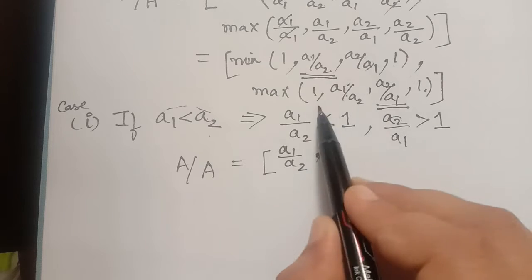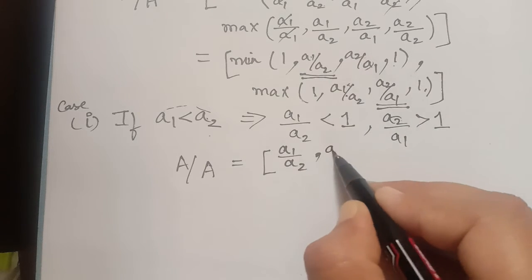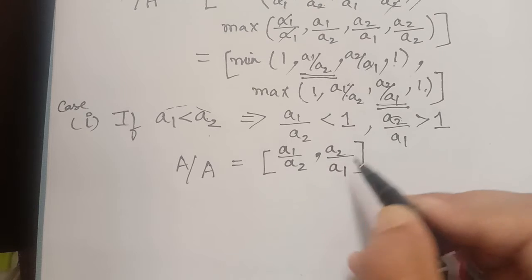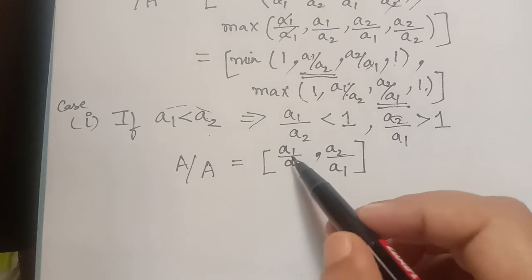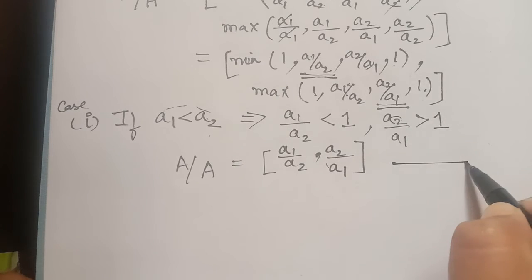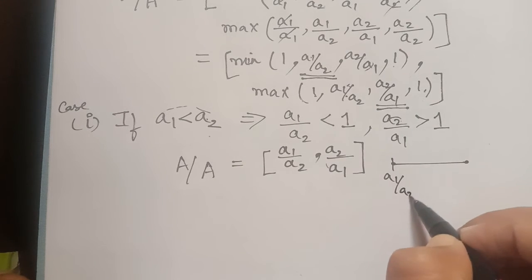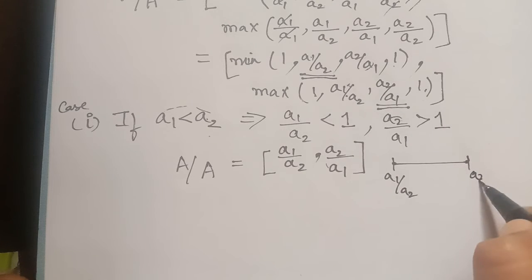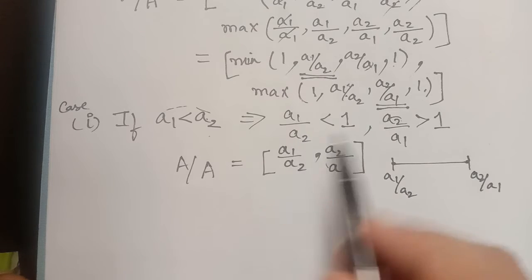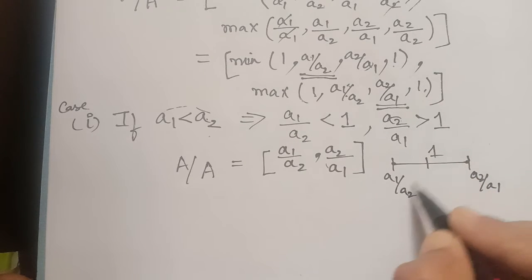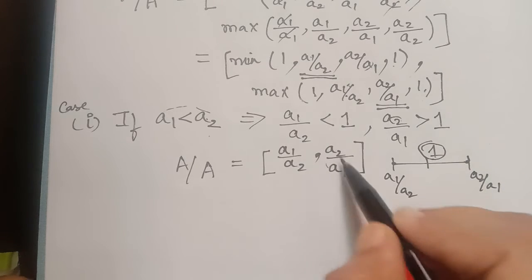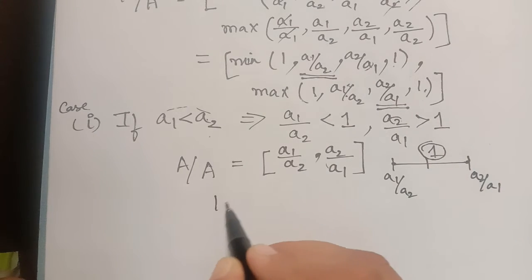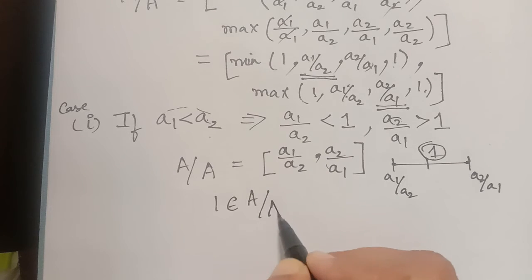So we get [a1 by a2, a2 by a1]. Now we can see that this is the reciprocal of this. We observe that a1 by a2 is lesser than 1 and a2 by a1 is greater than 1, and definitely 1 belongs to this interval. Therefore 1 is an element of A by A.